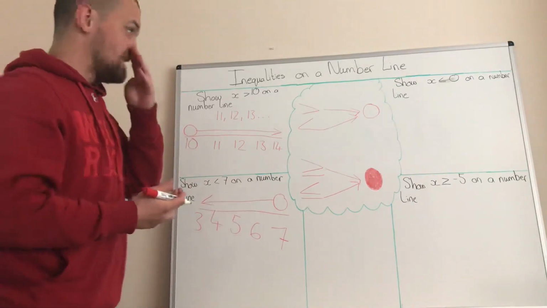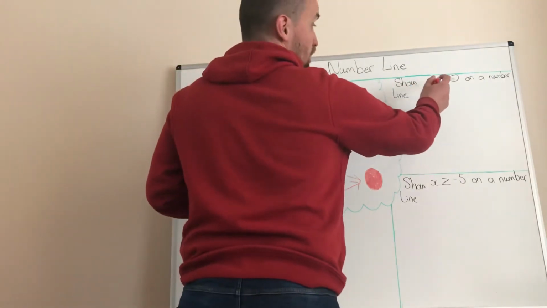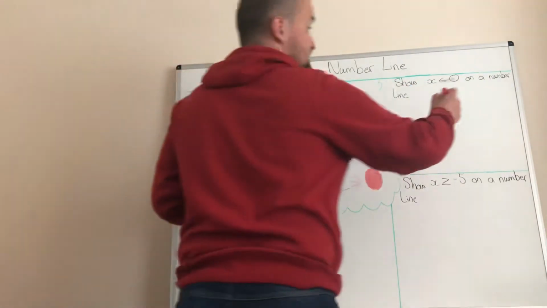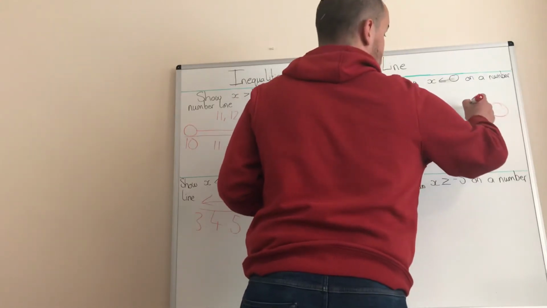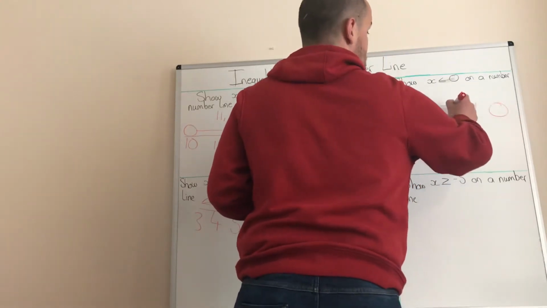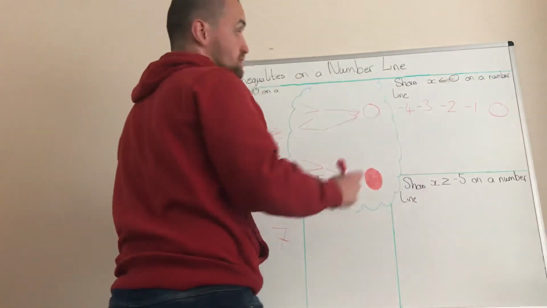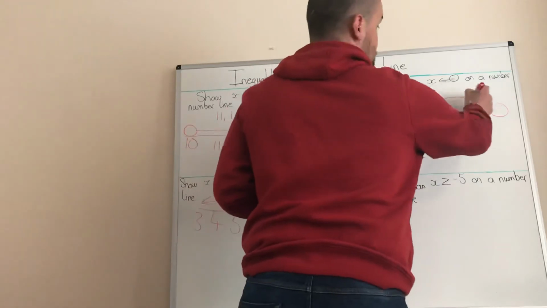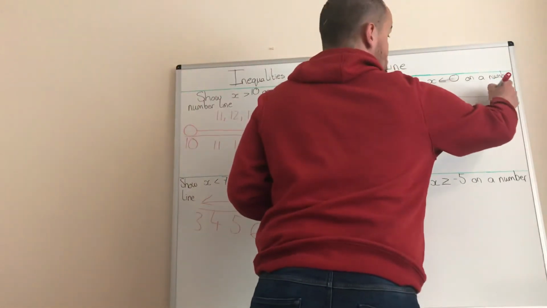Let's have a look at this one then. So, x is less than or equal to 0. So we're going to put 0. It could be minus 1, minus 2, minus 3, minus 4. It could be any of those. There's my number line though. And I said to you, the dot goes above the number in the question.